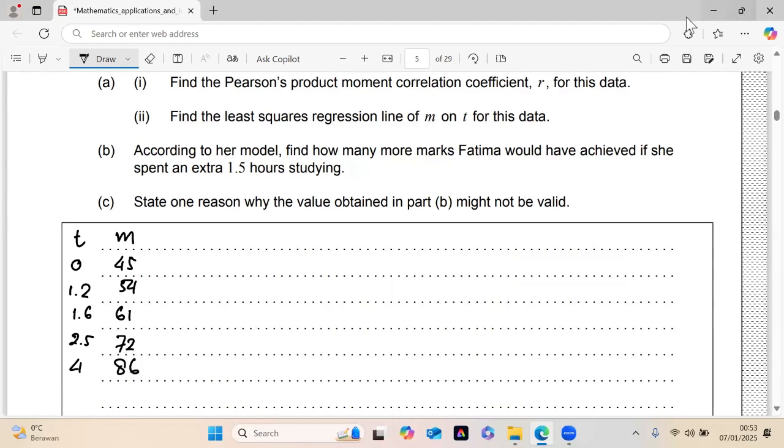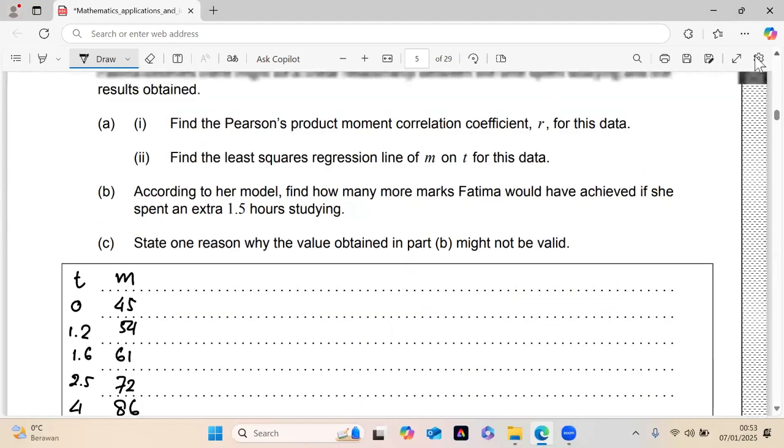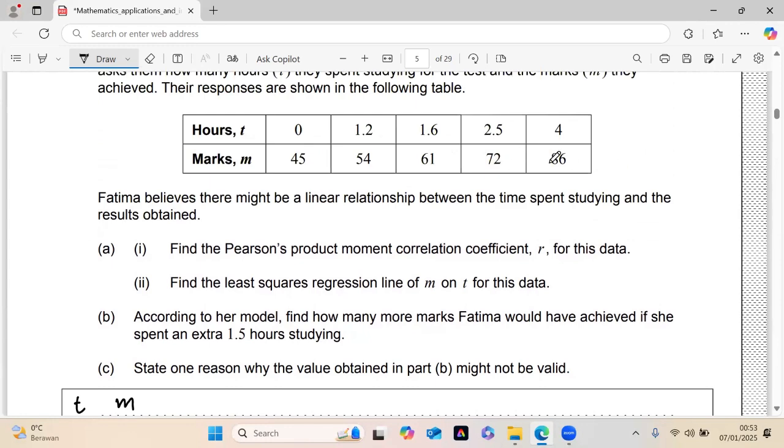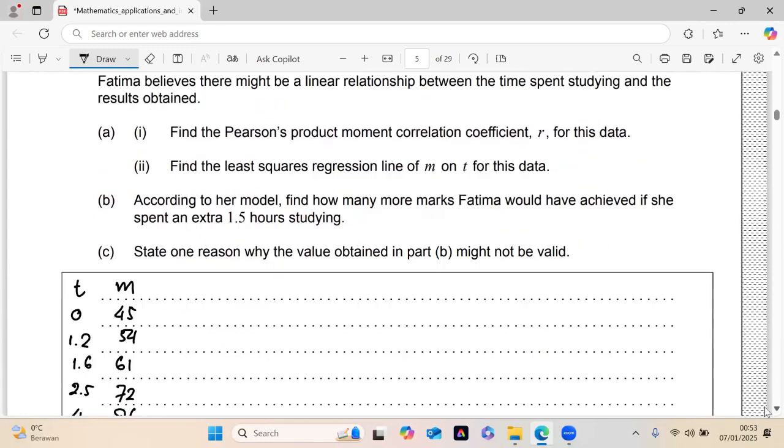Let me check, just make sure. Okay, 72, 86, right.